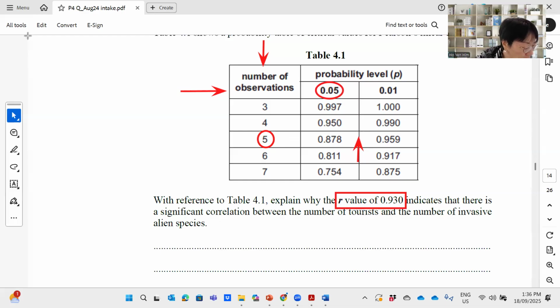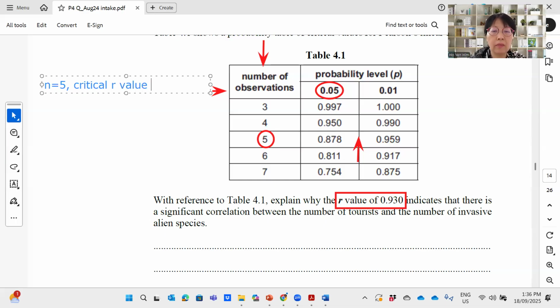You say that for n equals to 5, you can use critical R value is 0.878.